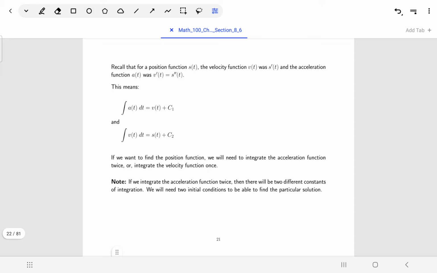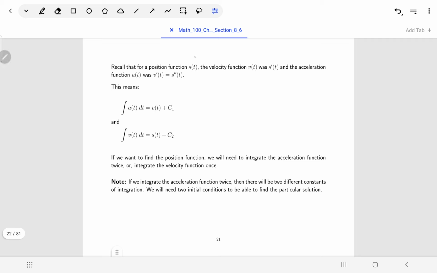So now we're going to come back to position and velocity and acceleration, which we talked about back in chapter 3. And in fact, I gave us an equation for an object in free fall, and I said we'd come back and sort of explain where that equation came from. And it's this, the relationship between the three things.